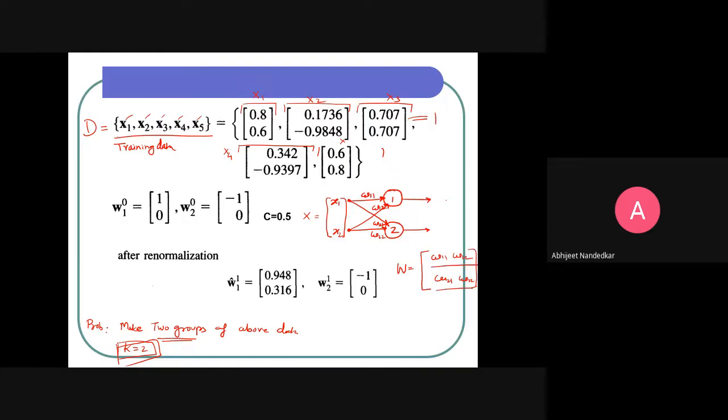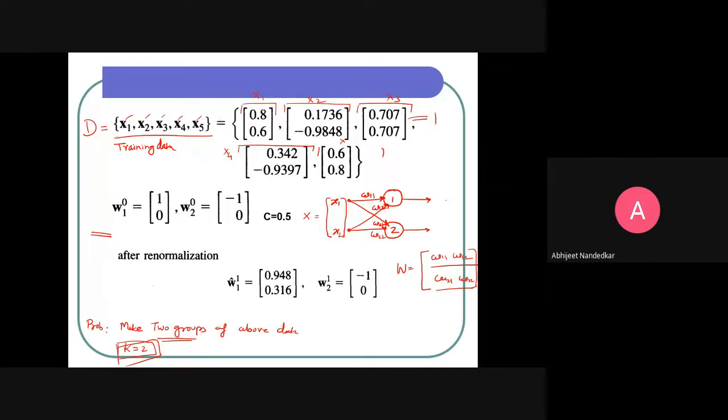Now what is done here in your problem, these weights are given to you as W1, that is for neuron number 1, where 0 stands for the 0th iteration. So we have not done any iteration till now. So for the first time, what is provided to us is a randomly assumed weight.